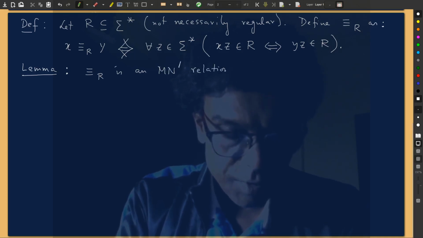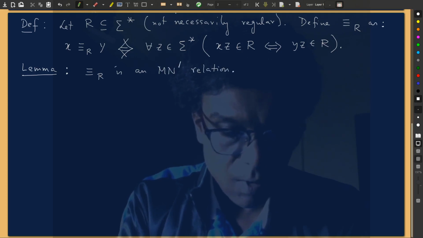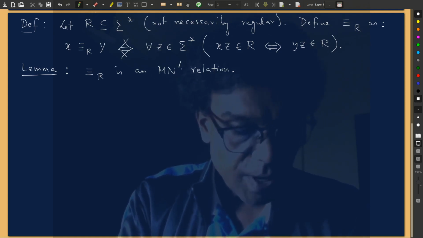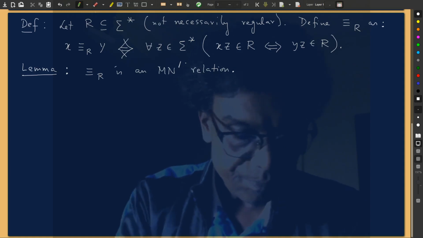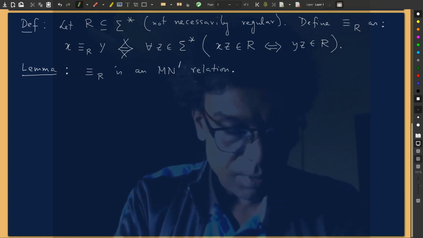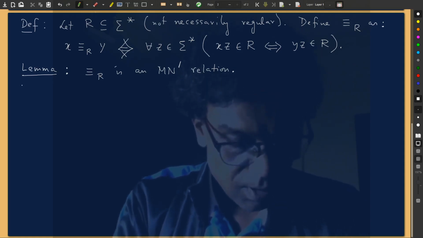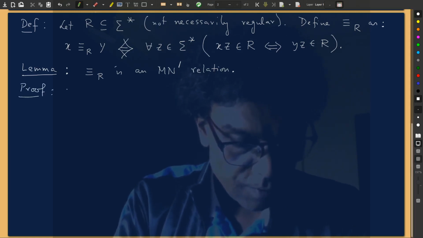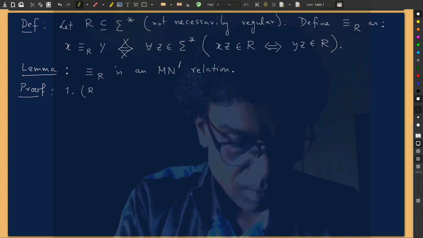For the moment, I am not imposing the restriction that R is a regular language, and therefore I am not talking about the question of finite index and so on. Anyway, this still satisfies properties 1 and 2. First of all, it should be a right congruence. Why?